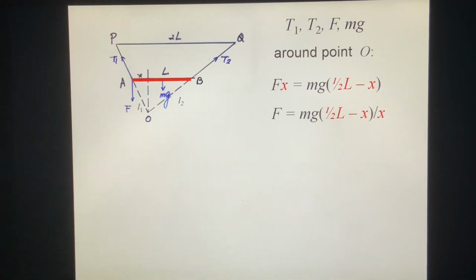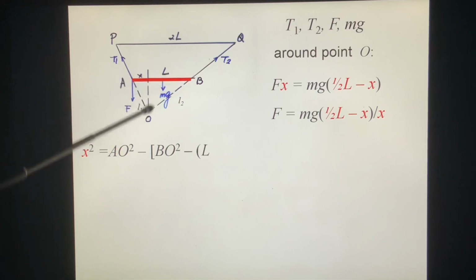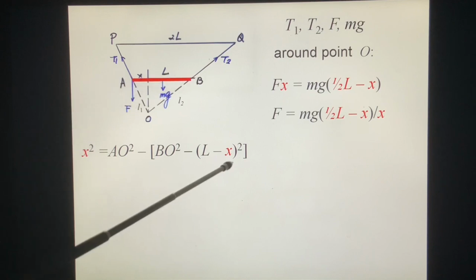How do we find x? This is trigonometry. You see, this is the horizontal, this is the vertical. So x squared in this rectangular triangle equals L1 squared, AO squared, minus this height squared. This height squared in this other rectangular triangle equals BO squared minus L minus x squared.